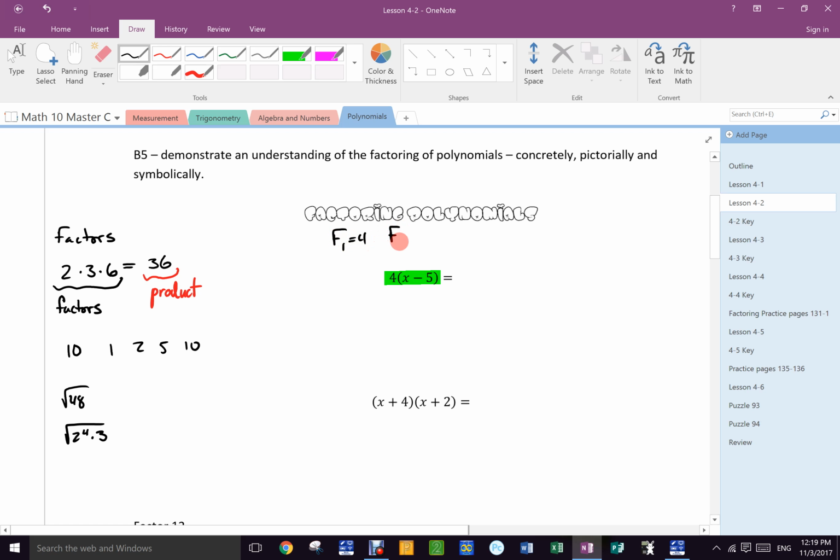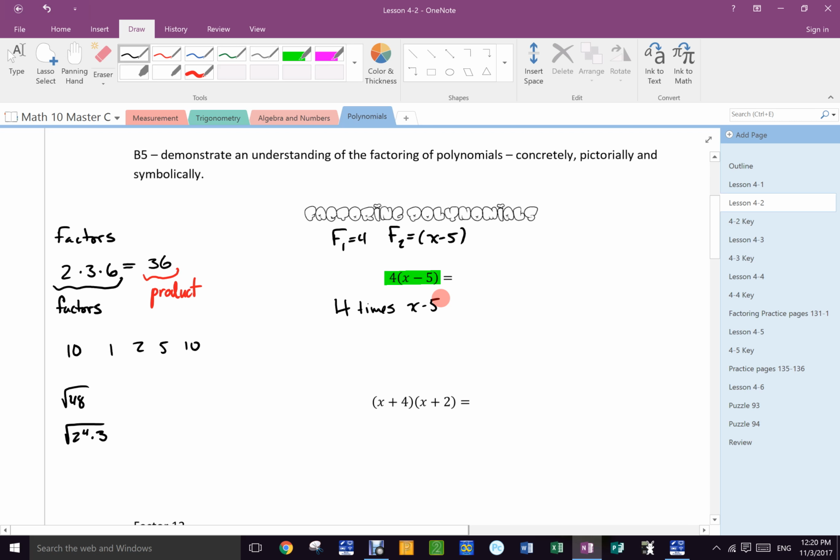What is the second factor? X minus 5, because they are grouped together. Yes? Now, if we were to draw this out, this says in English 4 times x minus 5, doesn't it?